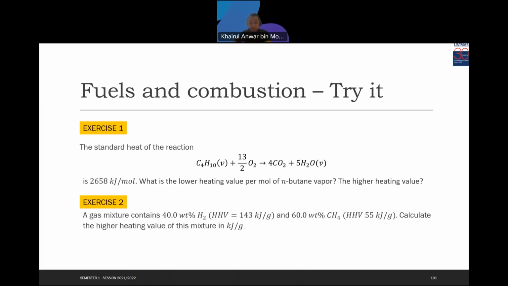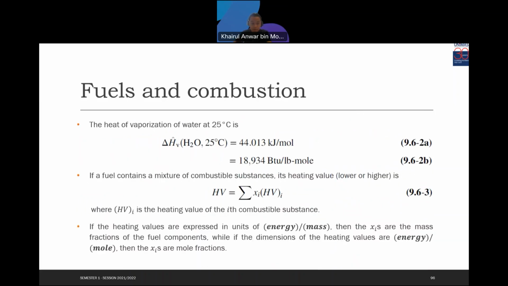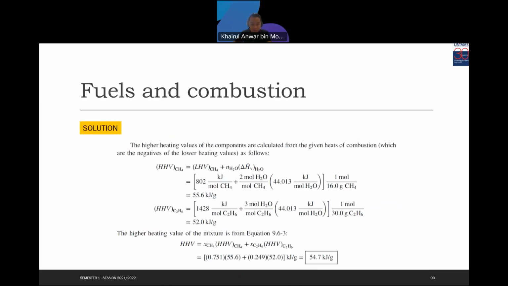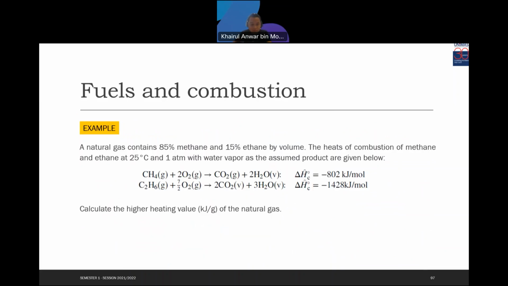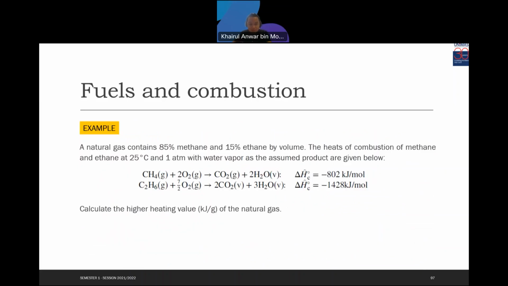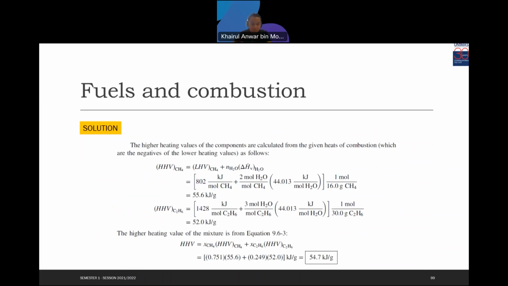So for exercise 2 we use equation 9.6-3: HHV equal to sum of n HHV, or sum of Xi HHVi, where X is the mole fraction or mass fraction.